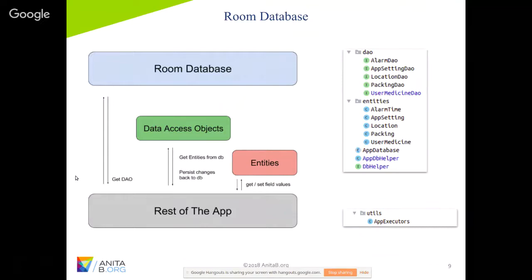Apart from that, it actually reduces boilerplate code a lot. For example, in the basic older version, SQLite, we have to write a lot of Java code where we are using cursors to take the data from the database and then use it inside the Java.